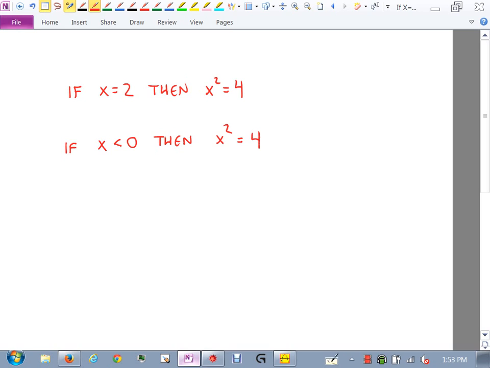Do you agree with that? I've somehow slowly gone off on a tangent right now. I hope you all realize I'm getting into logic right now. We all agreed with the first statement. If x was 2, x squared was 4. We're all happy with that? How about this next one?